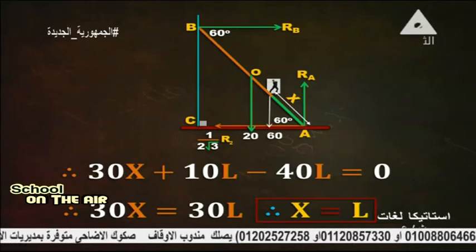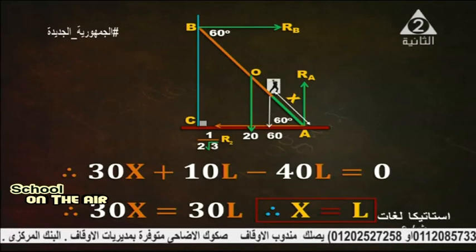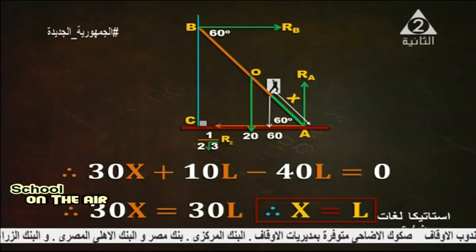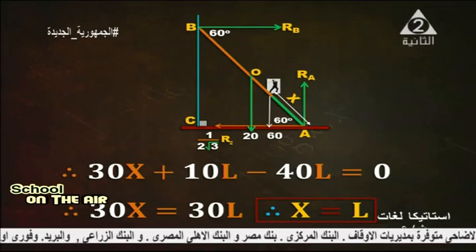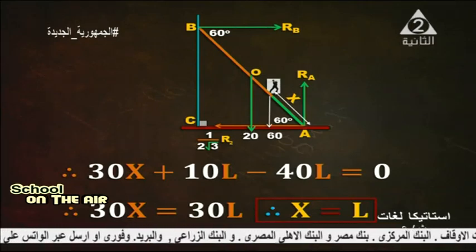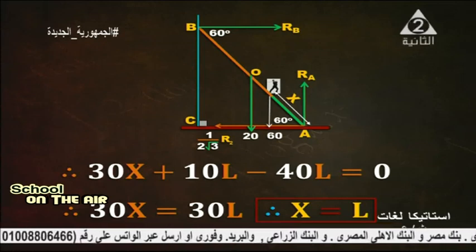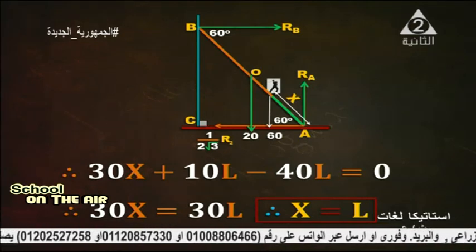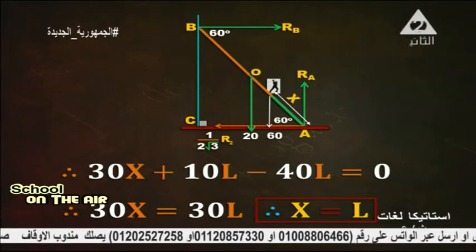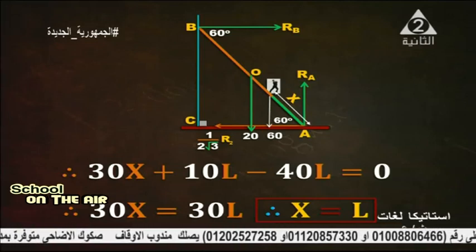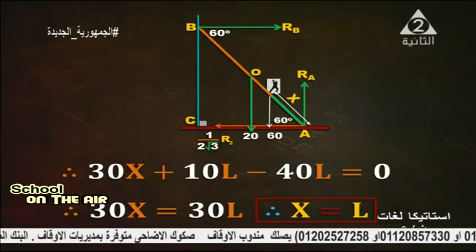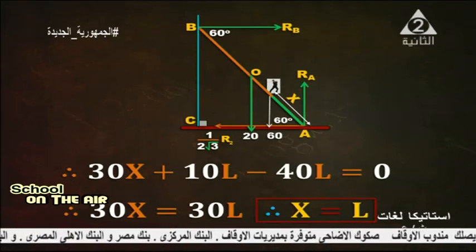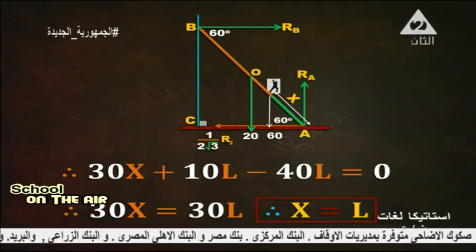Remember, my dear student, in this example, a ladder AB is inclined to the horizontal with angle 60. We have the reaction at point A and friction mu RA. What is the mu? From the given, 1 over 2 root 3. But the reaction of the vertical wall at point B is perpendicular to the wall.